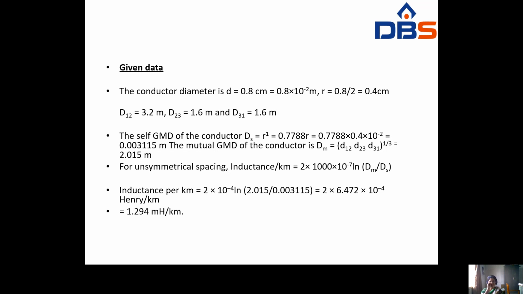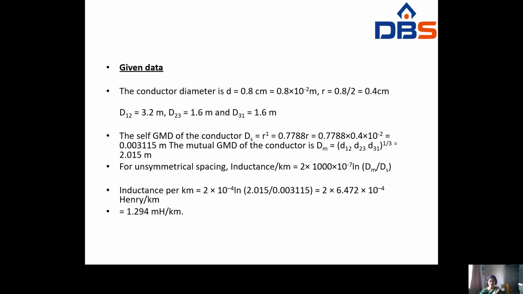So what is the self GMD? Either for symmetrical or unsymmetrical spacing, the formula to find the self GMD is the same. The self GMD of the conductor Ds equals r dash, which is equal to 0.7788 r. The r value is 0.4 into 10 to the power of minus 2 meters.